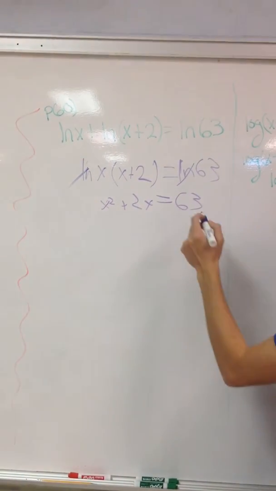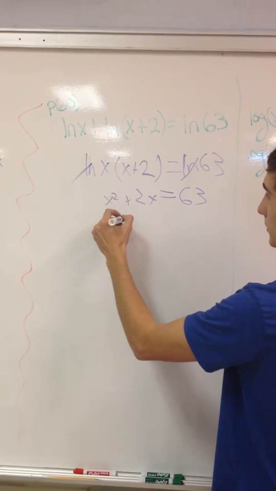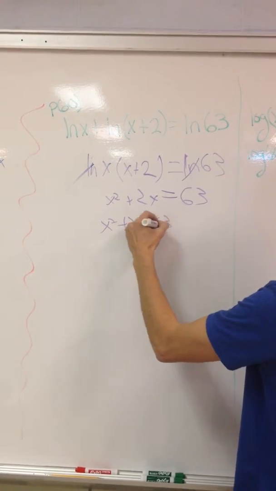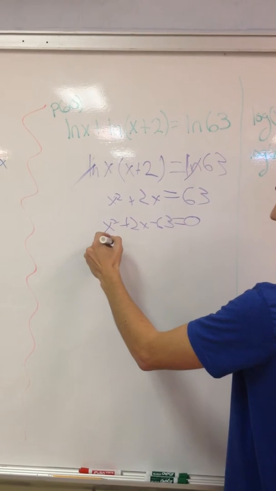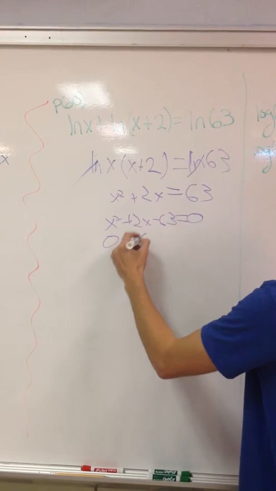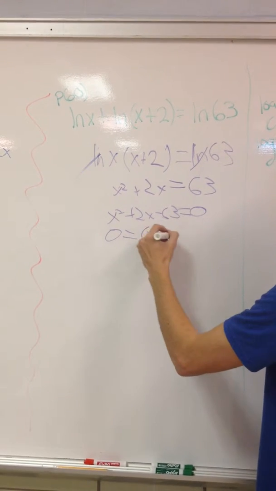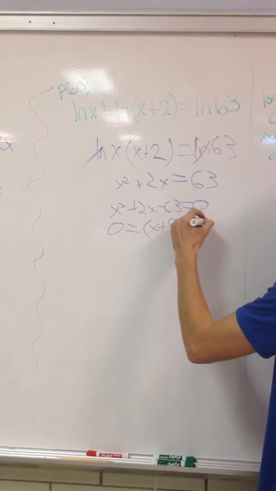Now we're just going to move the 63 to one side, and then we're going to factor from there. When we move the 63, it'll be x squared plus 2x minus 63 equals 0. We'll factor from there, and we'll end up with (x plus 9)(x minus 7).